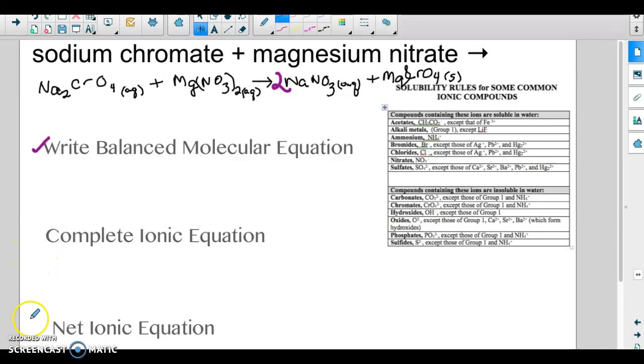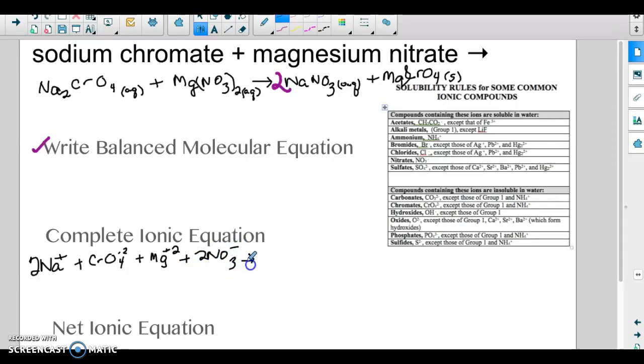So you can see that that sodium chromate is going to break into 2 sodium ions and 1 chromate. And then the magnesium nitrate will break into a magnesium ion plus 2 nitrate ions.